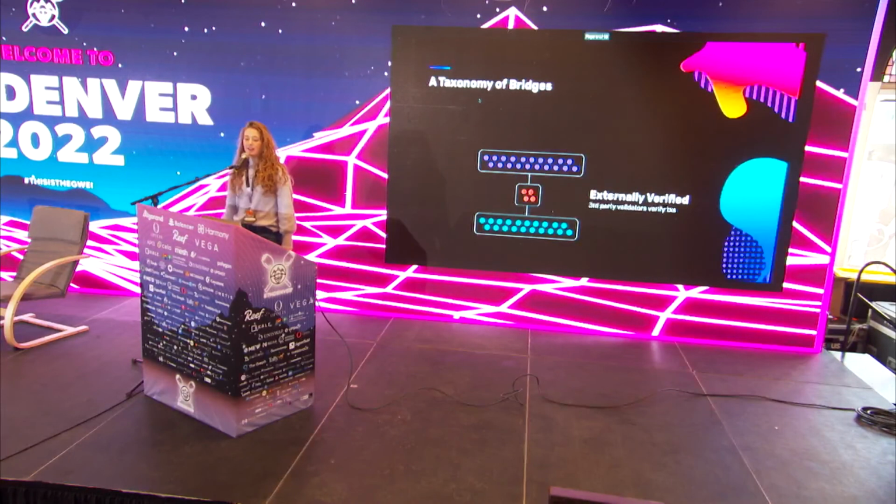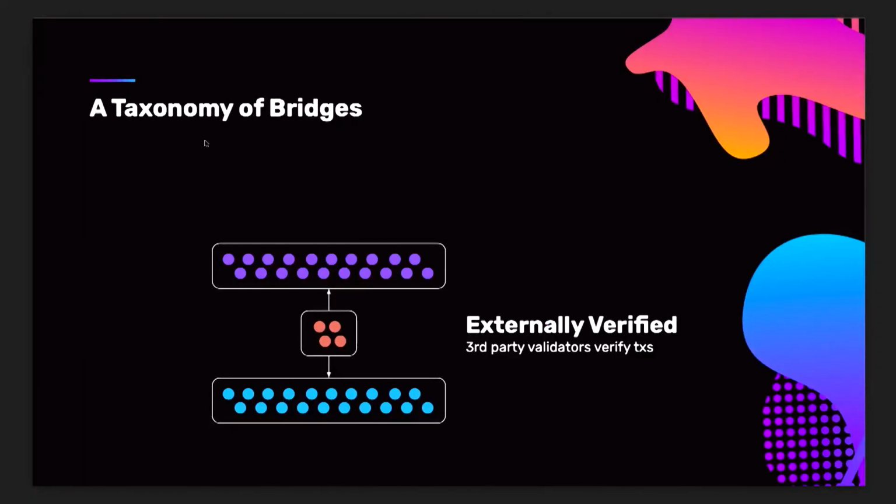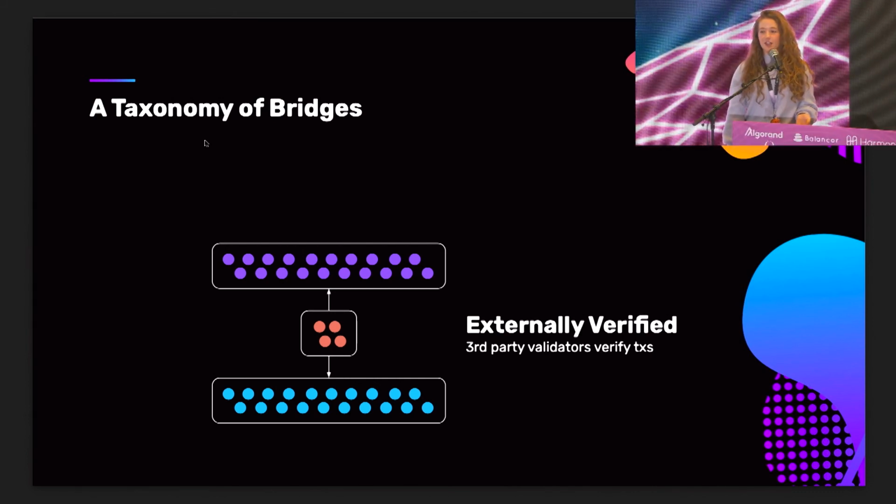On the other hand, you have externally verified bridges, and these have a different set of trade-offs where you can port them easily from domain to domain. Nothing usually about the protocol or the logic is domain specific. So I can take the same externally verified bridge protocol and take it from Matic to Celo to Evmos to what have you, and it should all still have the same security model. You can also pass generalized data through these bridges, which is very helpful.